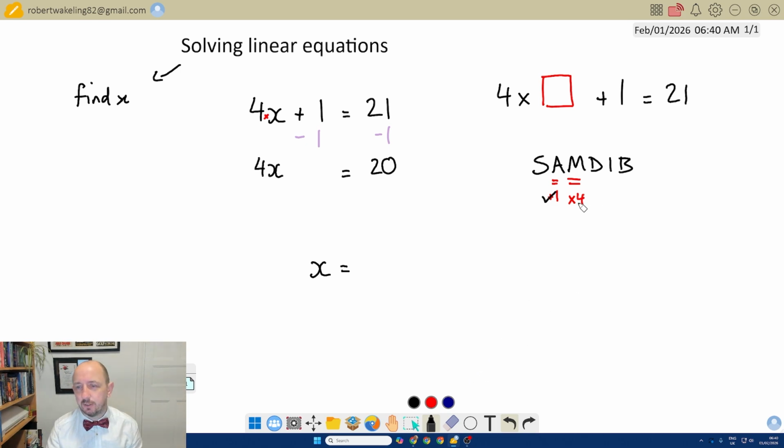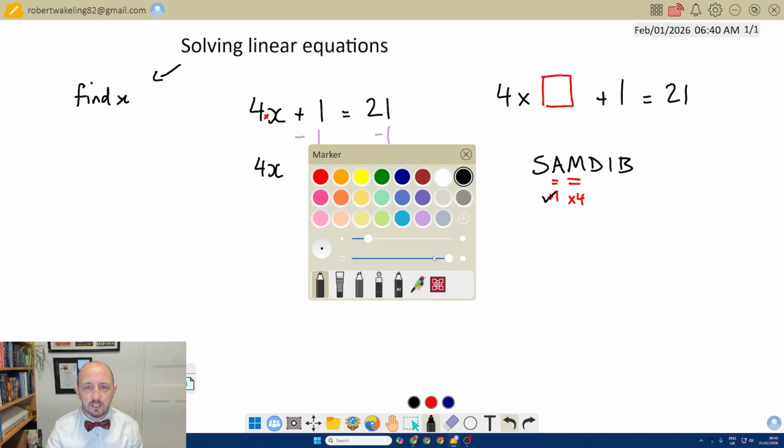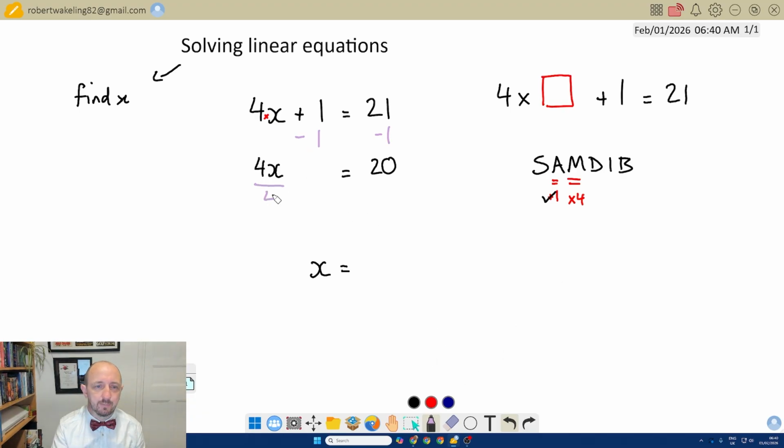The next stage is to do the opposite of times 4, which is divide 4. Divide both sides by 4, and 4x divided by 4 is 1x, which we don't bother writing the 1, and 20 divided by 4 is 5.